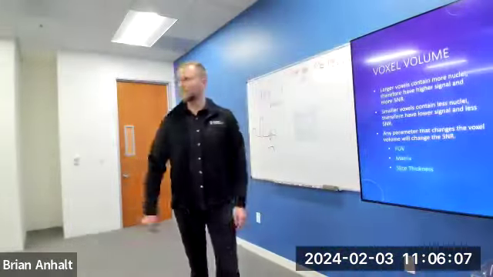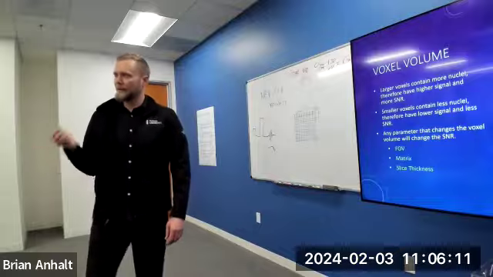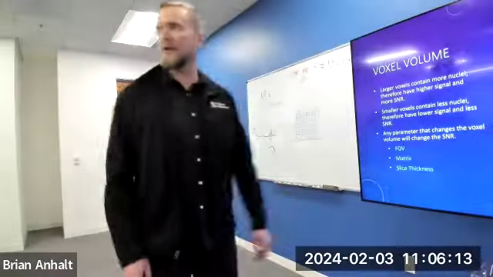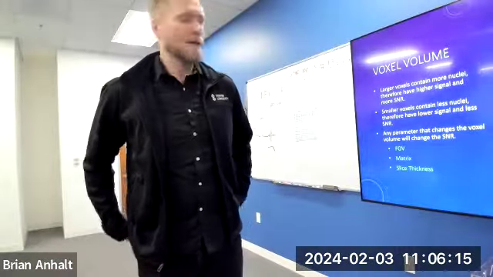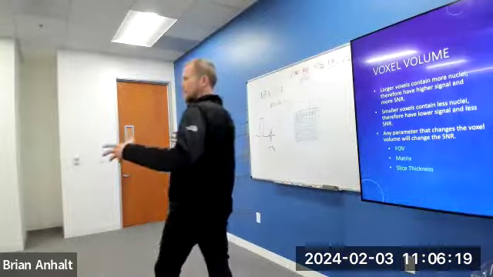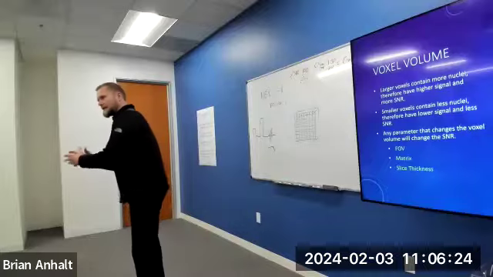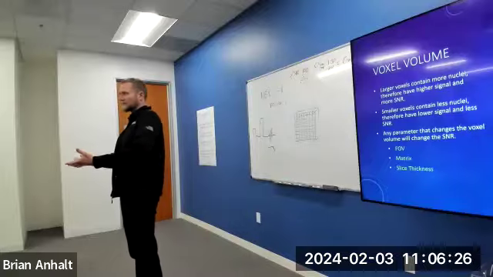Think of the voxels as little boxes of protons. The smaller the box of protons, the less SNR I'm going to have. The larger the box of protons, the larger the SNR I have. So if I calculate my voxel volume, the higher the number I have, the better the SNR.